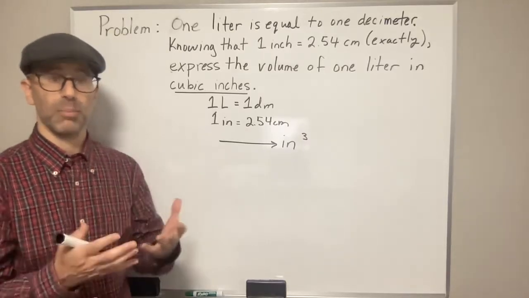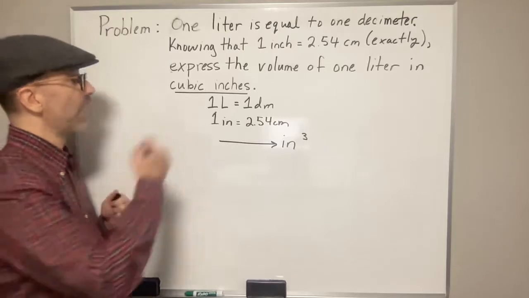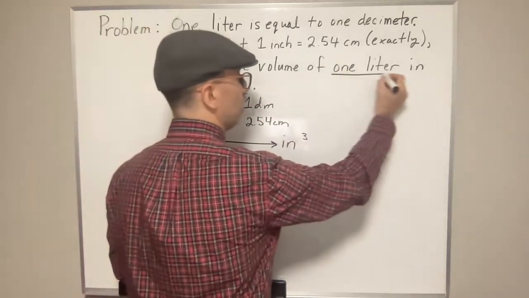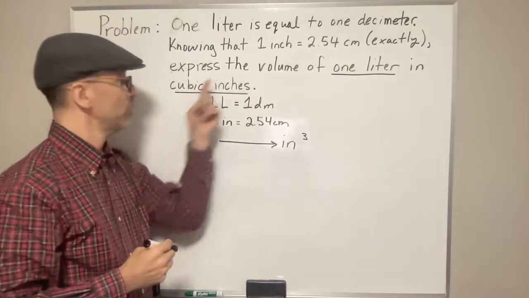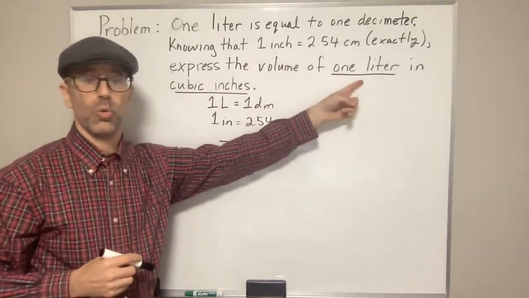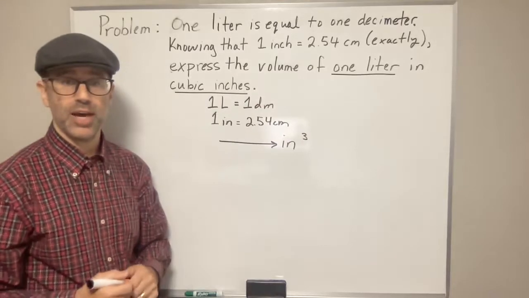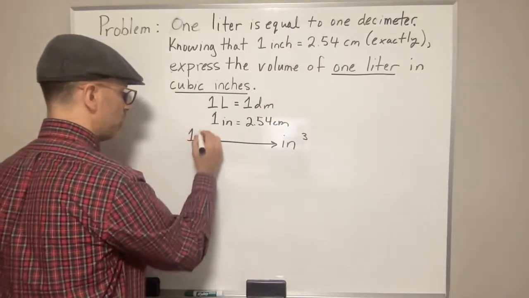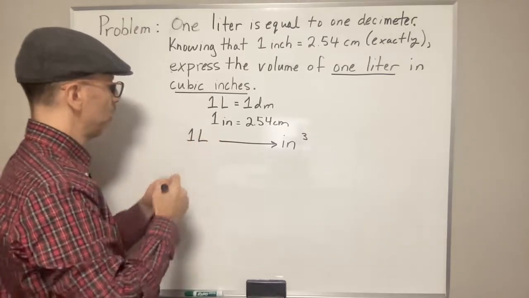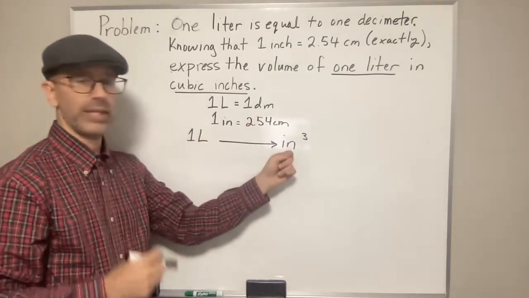It's just going to be one unit. And that is what we have here with 1 liter. They want to know how many cubic inches is equal to 1 liter of whatever substance we have. So we're going to begin with 1 liter and we want to end with inches cubed.